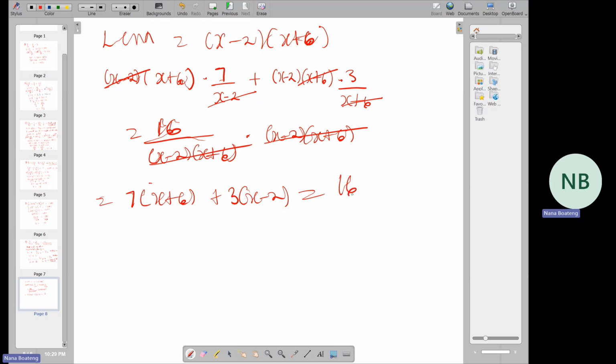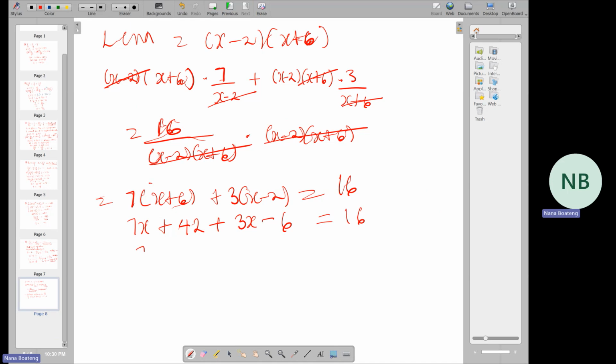So now we can expand the parentheses. 7 times x is 7x, plus 7 times 6, 42, plus 3 times x is 3x, 3 times negative 2 is negative 6, and this equals 16. And so we can group the variables on one side and the constants on the other.